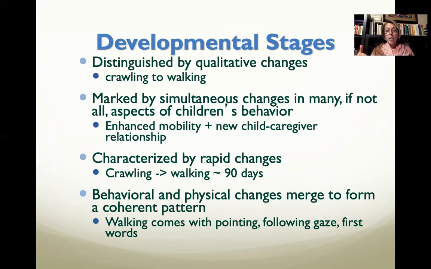So we have qualitative changes, simultaneous changes in lots of different aspects of behavior, rapid changes, and the simultaneous changes that are all coming together have some coherent pattern to them, right? Walking comes with pointing and following gaze, because you're more upright, so you're more able to see somebody's gaze. You're using language more, which goes with being better able to point at things and interact with things with an adult. So there are a lot of things coming together. That's what we need in order to call it a stage.